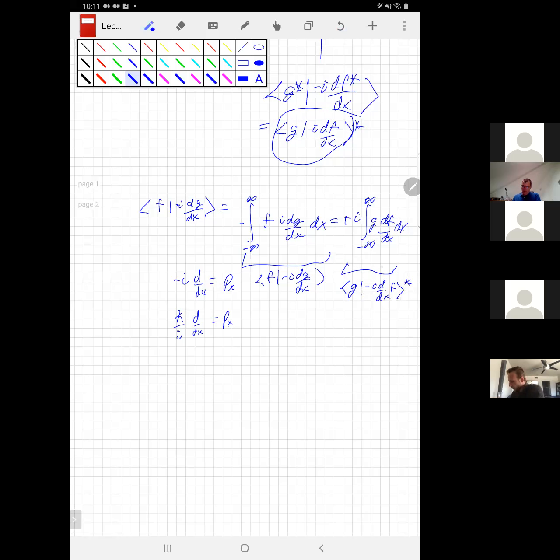Because on the right side, we've got the inner product of g with the derivative of f. And you're saying, no, we don't, because we've got this plus i instead of minus i. Well, then we conjugate it at the end.